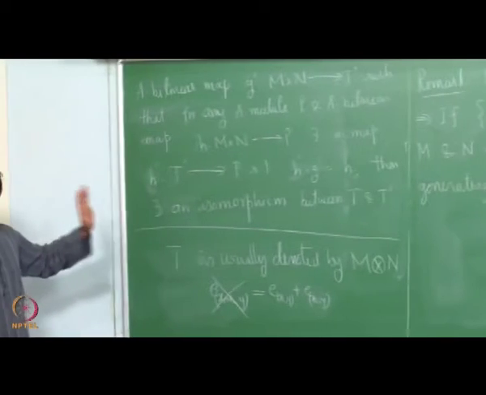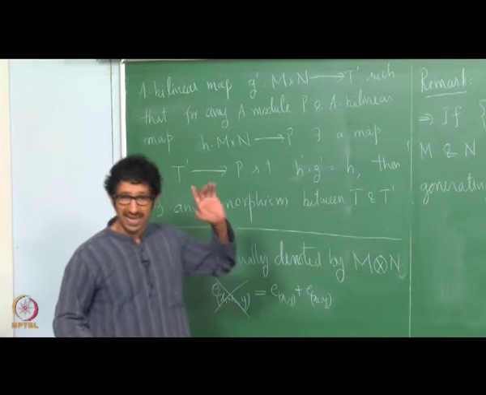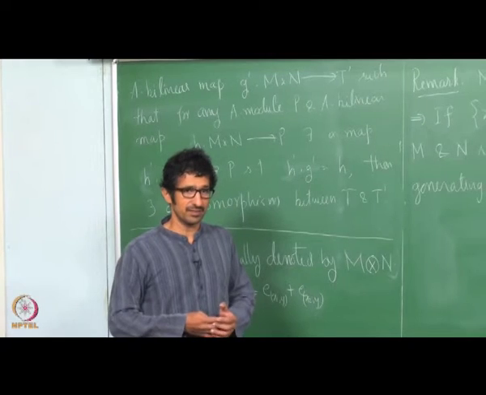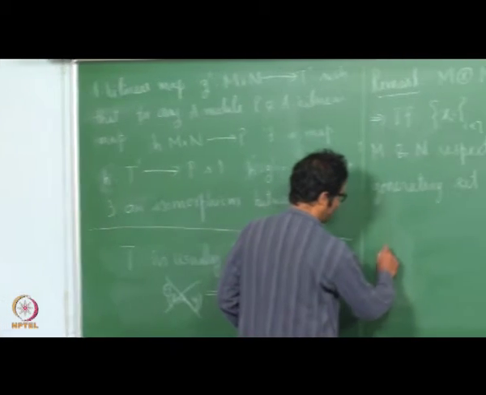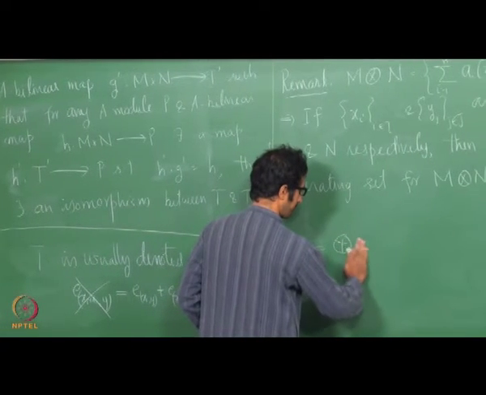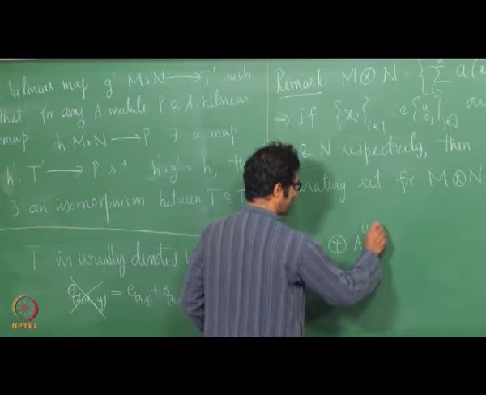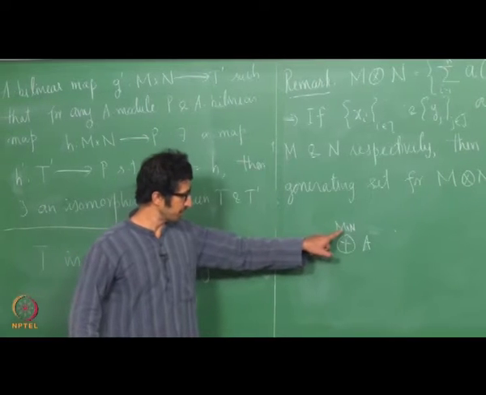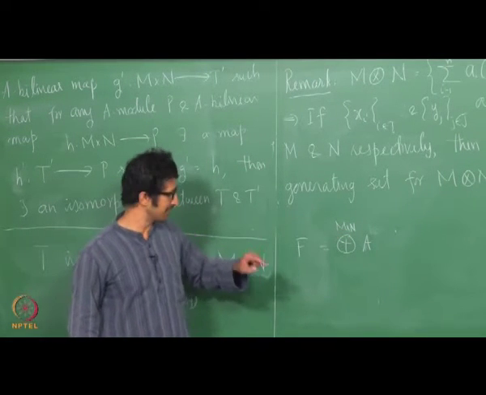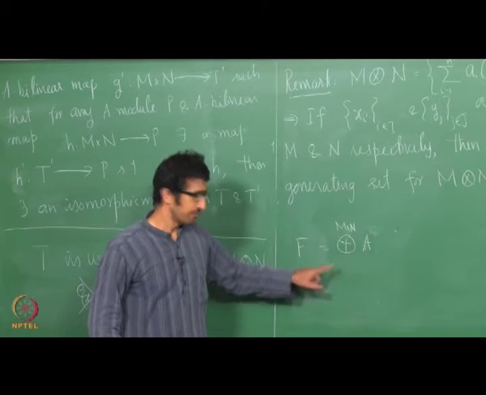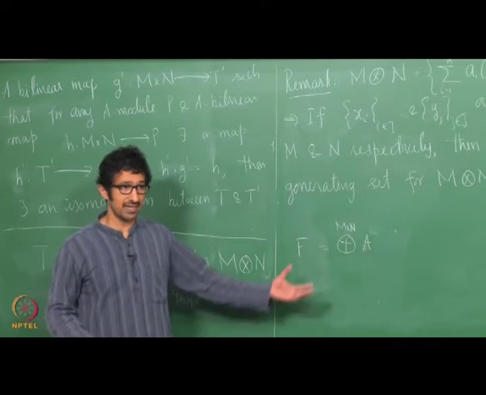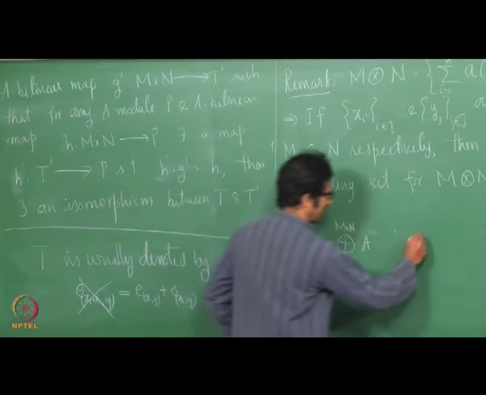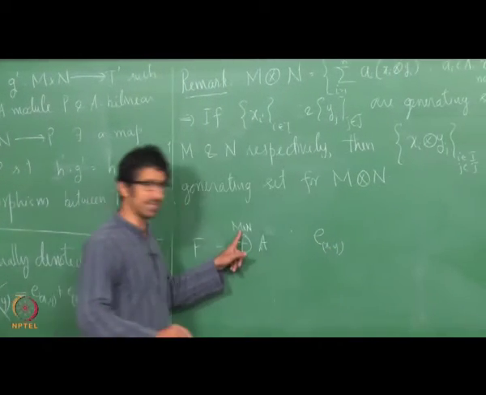Even if M and N are finitely generated, the module F that we were looking at is far from being finitely generated, because F is a direct sum of as many copies of A as there are elements of M cross N, and each exy is a generator.